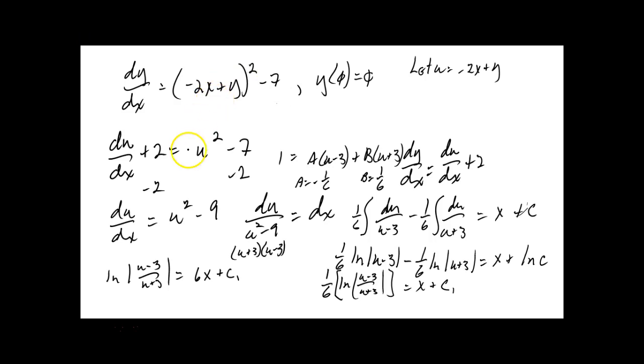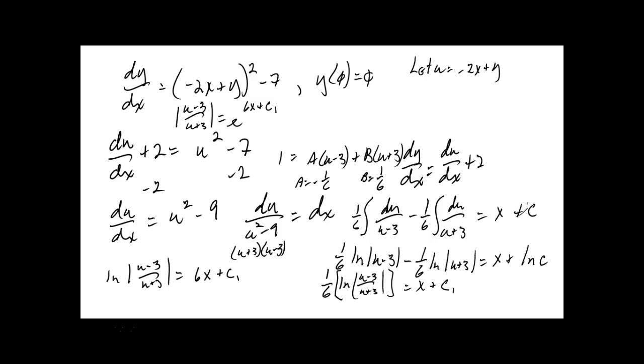Take the e of both sides, and that just gives us absolute value. Well, we can lose the absolute values here. Well, we'll keep them for now. U minus 3 over U plus 3, okay, is equal to e to the 6x plus C1, okay? But you see, an exponent of a sum is the product of the exponents.